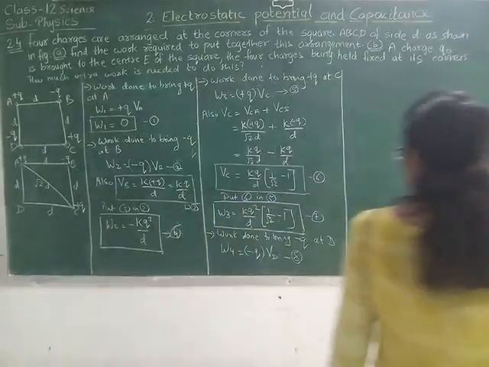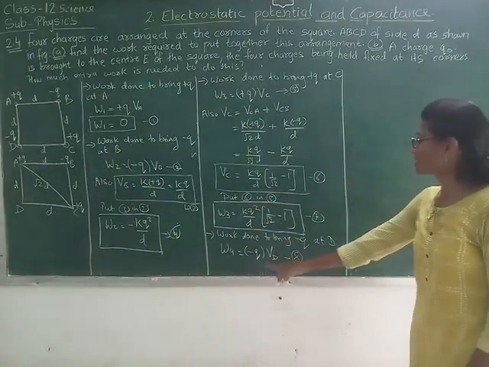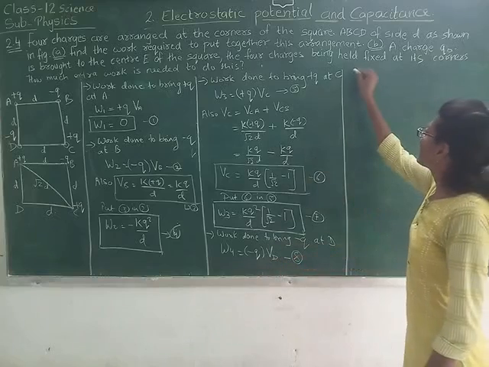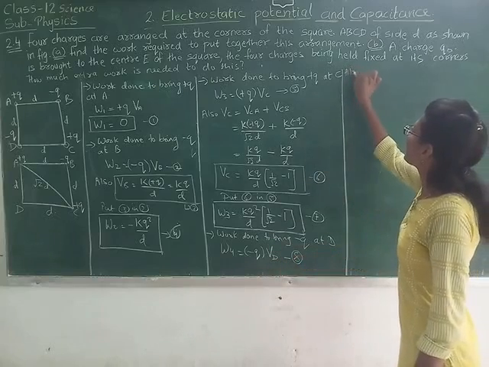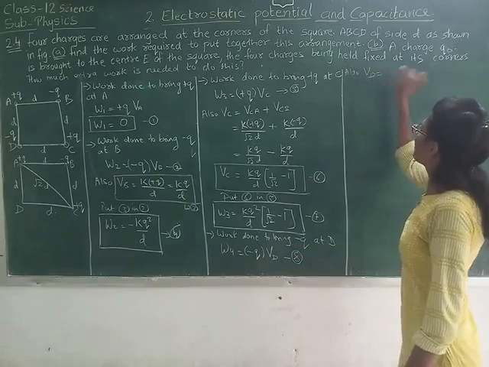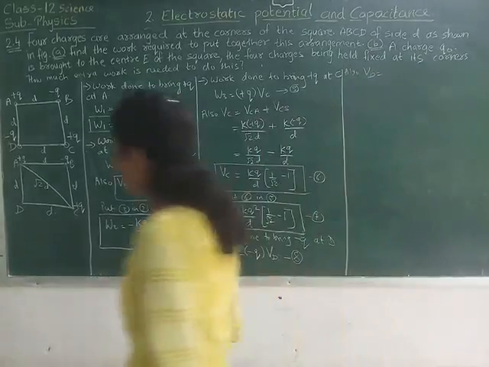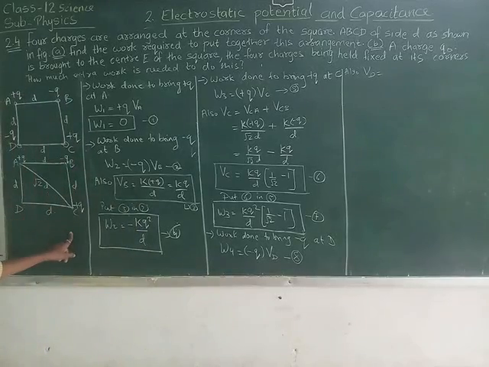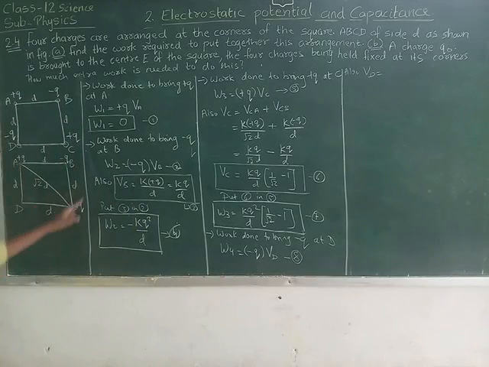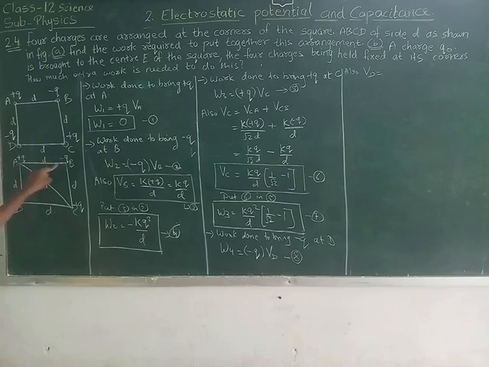Right? Now see, now we need to find the potential at D. So potential at D, now see, here we are having 3 charges, right? So we need to find the potential at D by summing up the 3 potentials. Potential at D due to the charge at A, potential at D due to the charge at B, potential at D due to the charge at C, right?